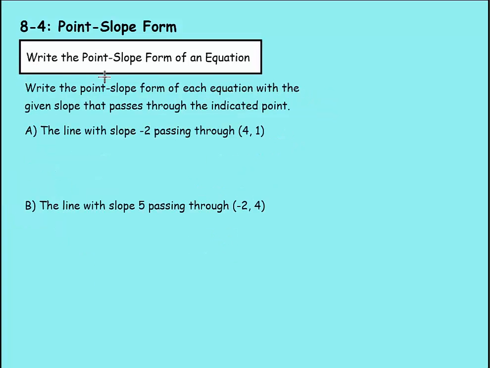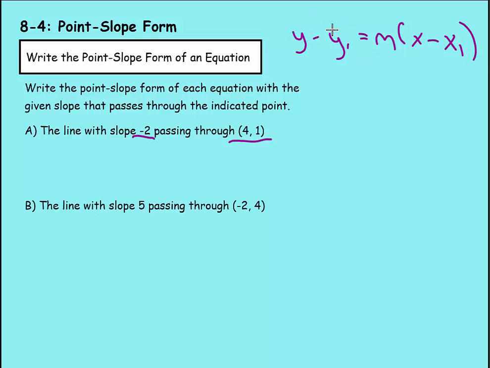Now we get to write a point-slope form for an equation. It tells us to write a point-slope form of each equation with the given slope that passes through the indicated point. We need a line with a slope of negative 2 passing through positive 4 and positive 1. Remember, point-slope form is y minus y1 equals the slope times x minus x1.